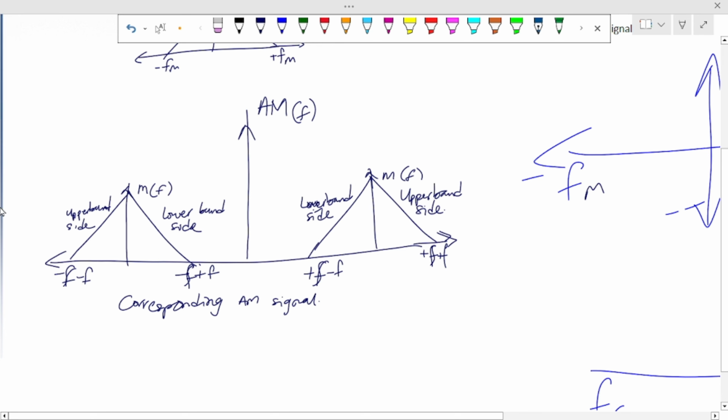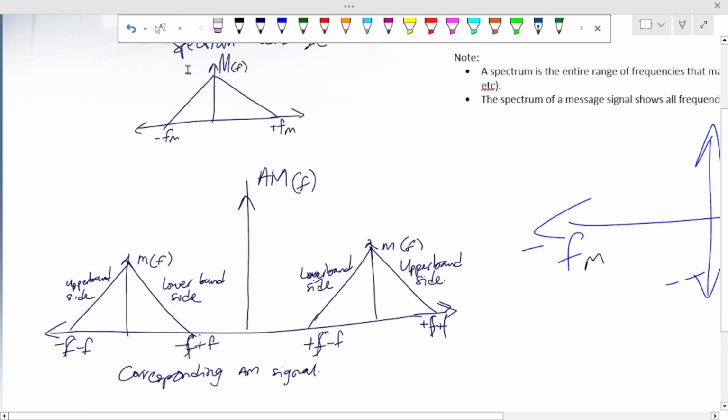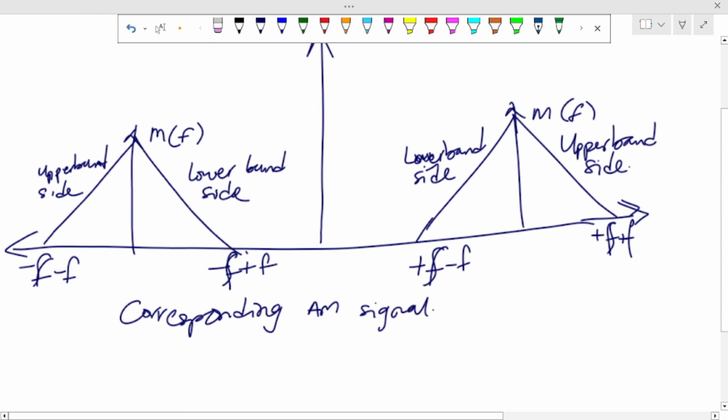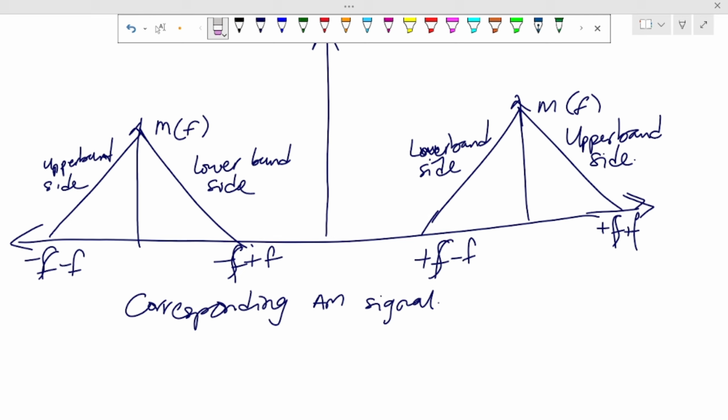This is the carrier spectrum. Then we have the message spectrum inside the left hand side of the carrier, and the same message inside the right hand side of the carrier. Are we seeing how simplified this thing is? Let me write this thing again.